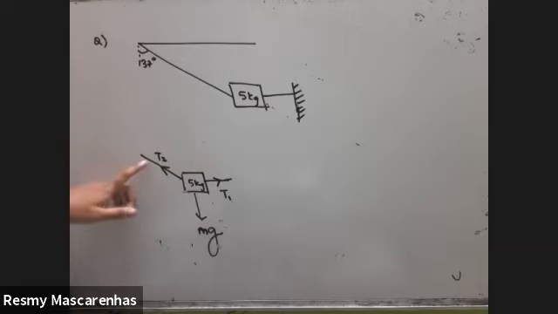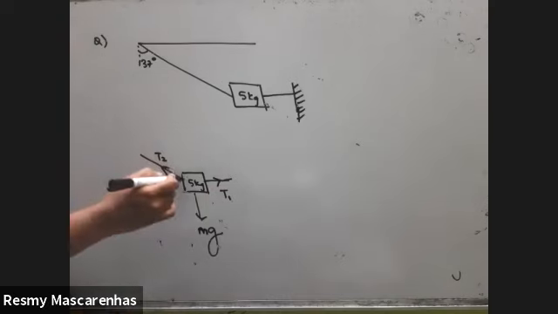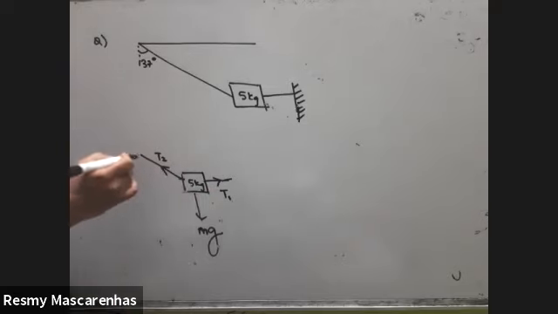Now, this tension is not exactly perpendicular. If it was exactly on the opposite side, they would have balanced each other. But whenever you don't have a perpendicular line, whenever any vector is there, it will always have components. You have to split it into two components.